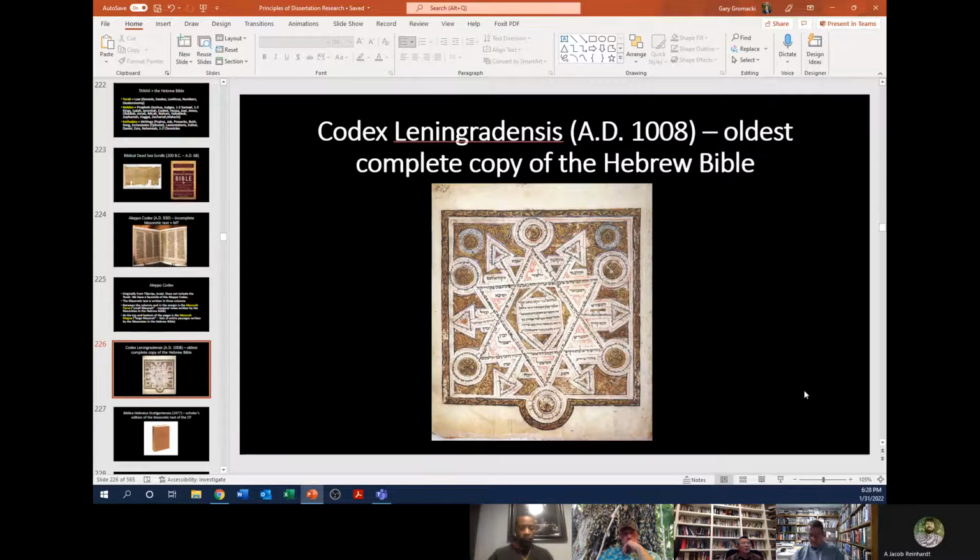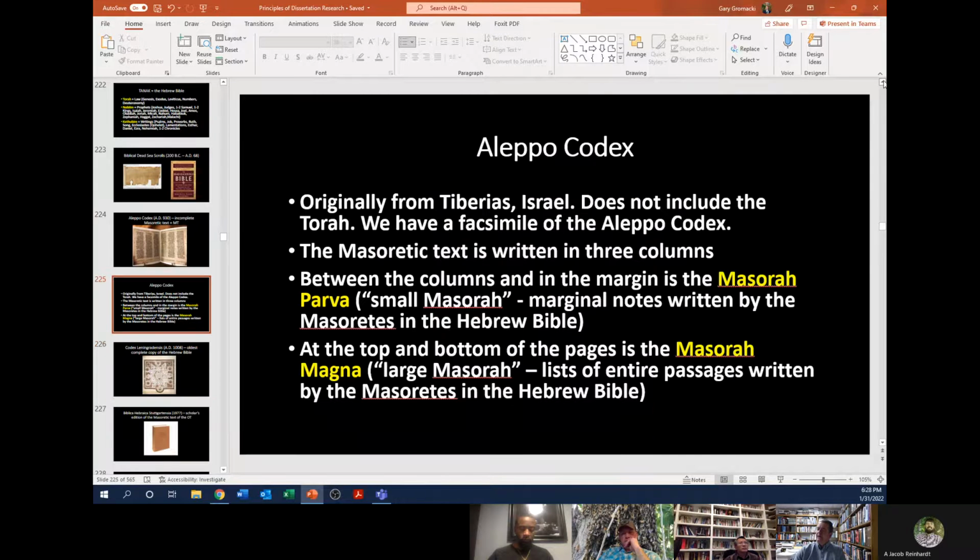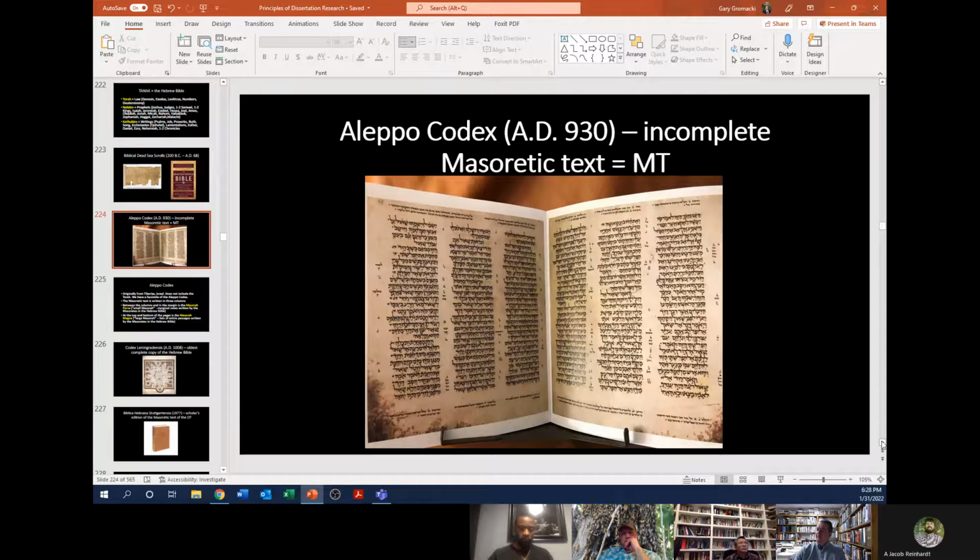So we're looking at the Hebrew Bible and textual history a little bit here. And so we come to Codex Leningradensis, which is, notice, 1008. So we had Aleppo of 930.